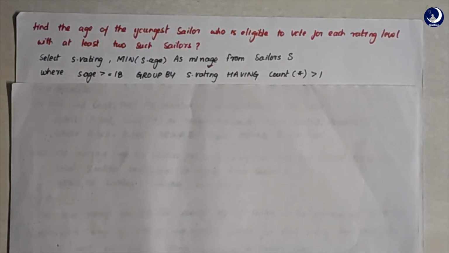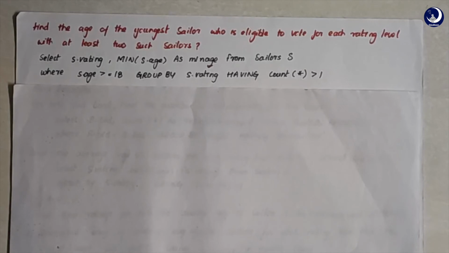From sailors, where S dot age is greater than or equal to 18, which says that he is eligible to vote. Then group by S dot rating, because we want the youngest person for each rating level. And then there should be at least 2 such sailors in each rating level. We'll specify that in the having clause: having count of star greater than 1. At least 2 means greater than 1.